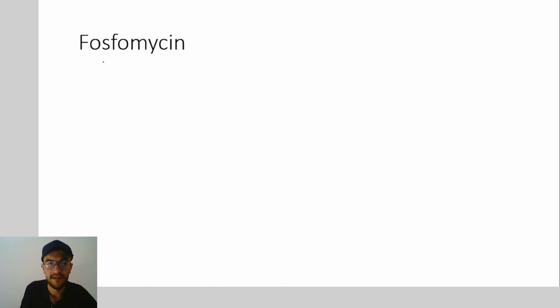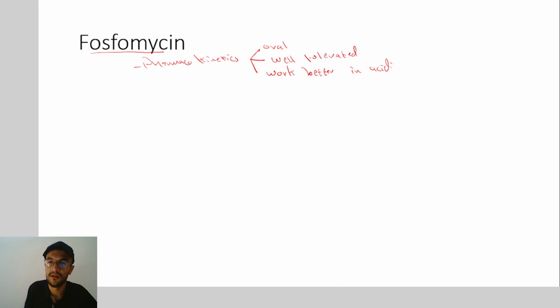Now let's talk about fosfomycin. We start with the pharmacokinetics. Fosfomycin is also an oral agent, and it is well tolerated like nitrofurantoin, and it works better in acidic urine.